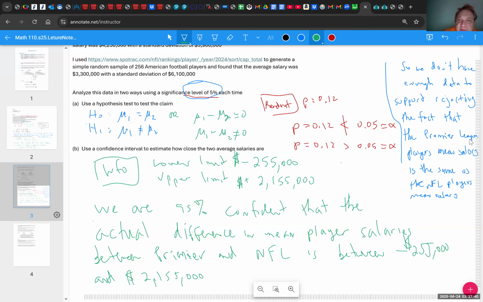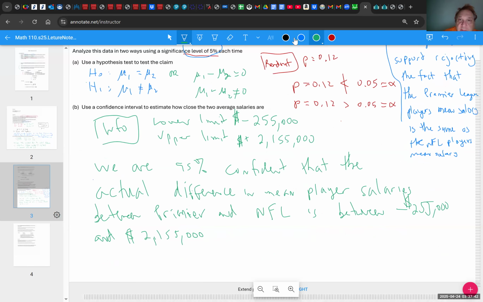And then we would say, because we can be smart about this, this interval contains 0.